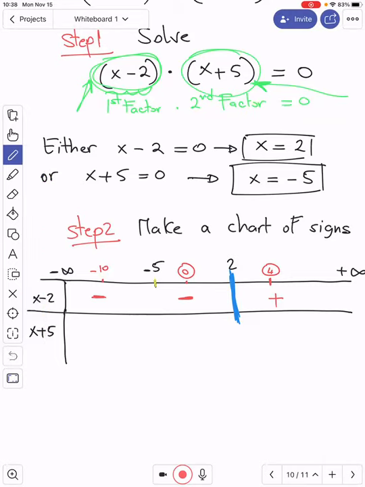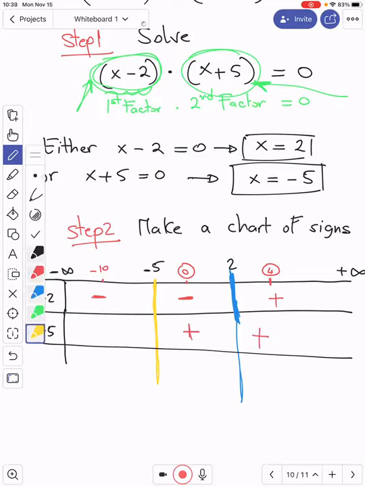let's say this line here represents -5. So what I'm saying is that on the right side of -5, x plus 5 is going to be positive. Think of this yellow line; it represents x equal to -5.